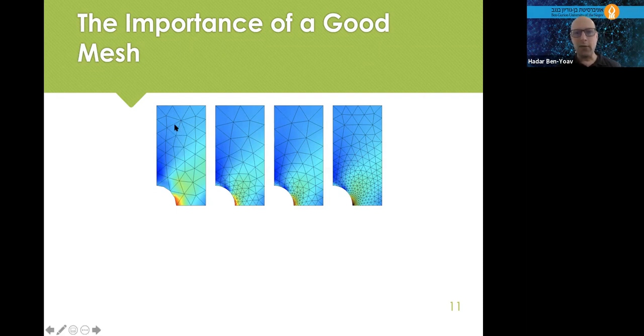And then it solves the equation for each one of the triangles in the mesh.